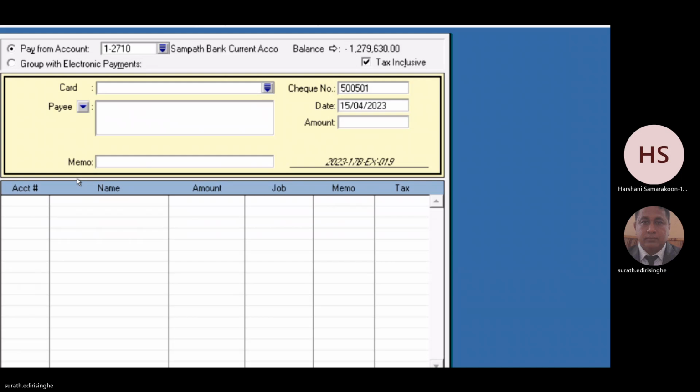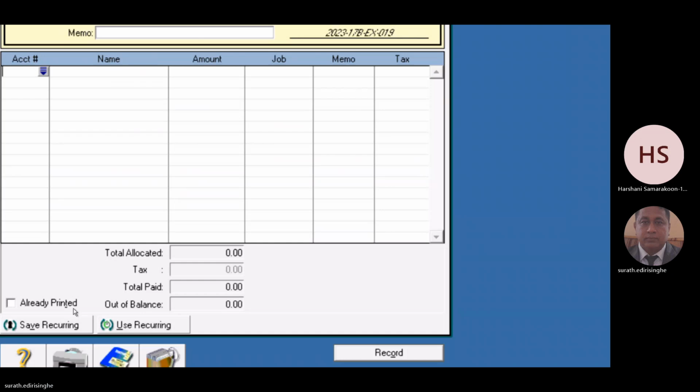Now again you type here insurance. Change the date, not the month of April, the month of May. Okay, month of May. Then again you click on this blank section.